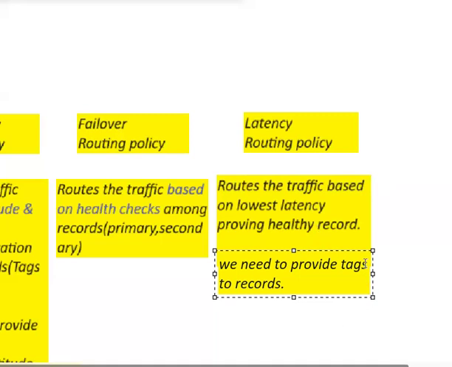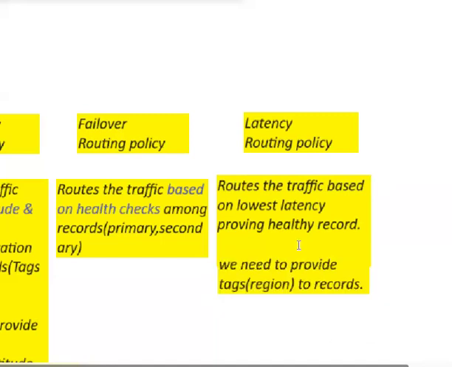So based on the tags, it will store your latency configurations on AWS. In tags, what you need to provide is the region. Based on every tag, it will store some analysis of data regarding region and it will send you the traffic based on that.